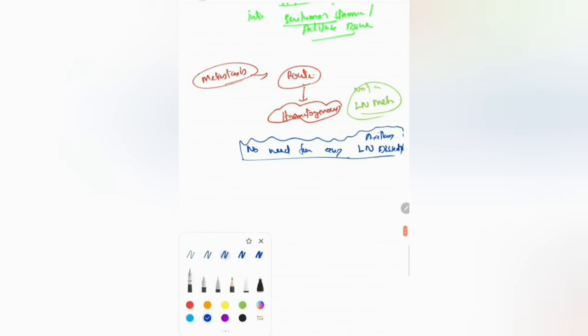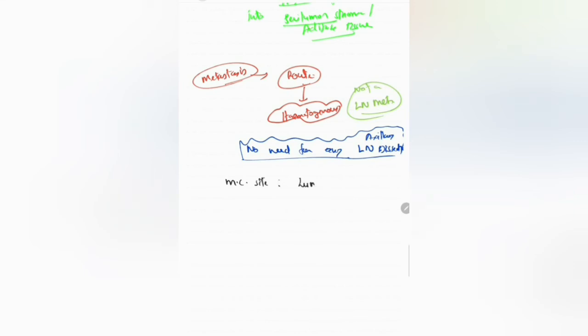So what is the most common site of metastasis? It is your lungs. It can metastasize to bone, etc. Most common is your lungs.